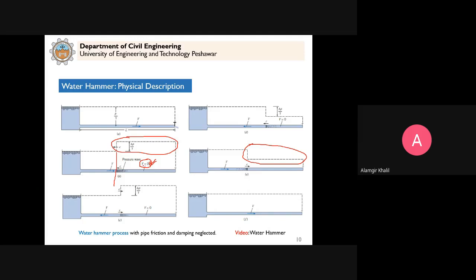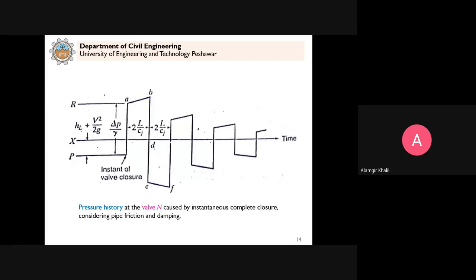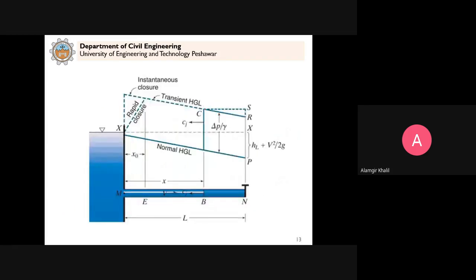So when the velocity is 0, for this diagram which I show you here, this CR, which is the situation shown here due to the head loss.